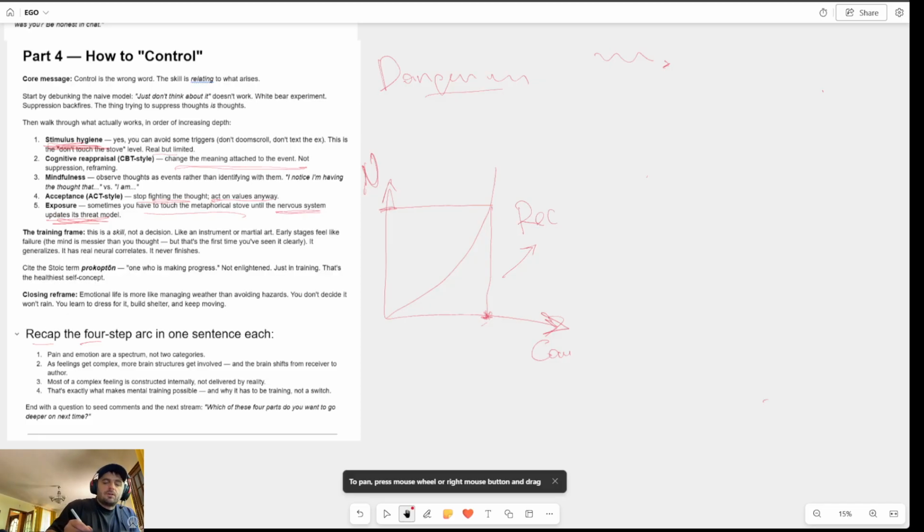If it stays at the lower level, the reaction is rather primitive.